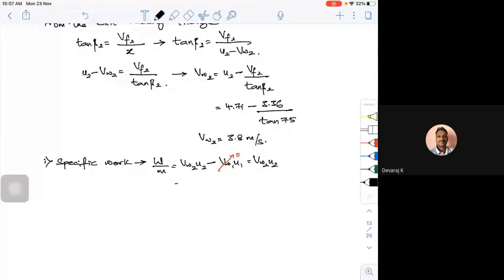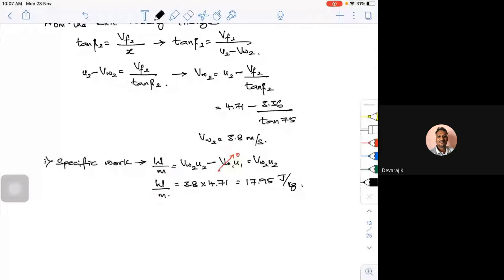VW2, just now we calculated, is 3.8, into U2, which is 4.71. If I calculate it on the calculator, I get my specific work as 17.95 Newton meter per kg or joules per kg.